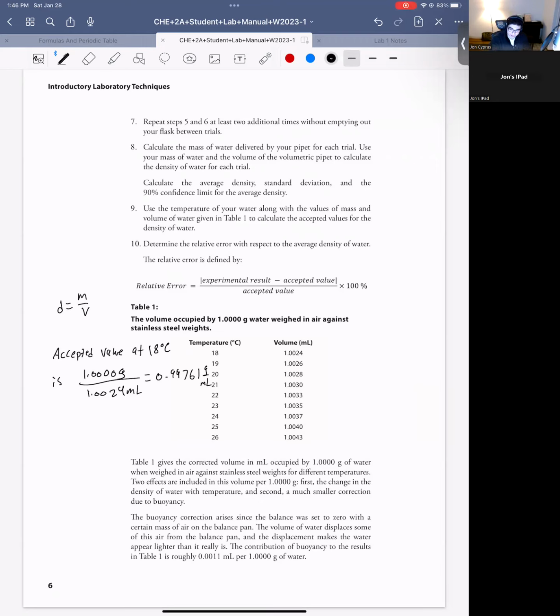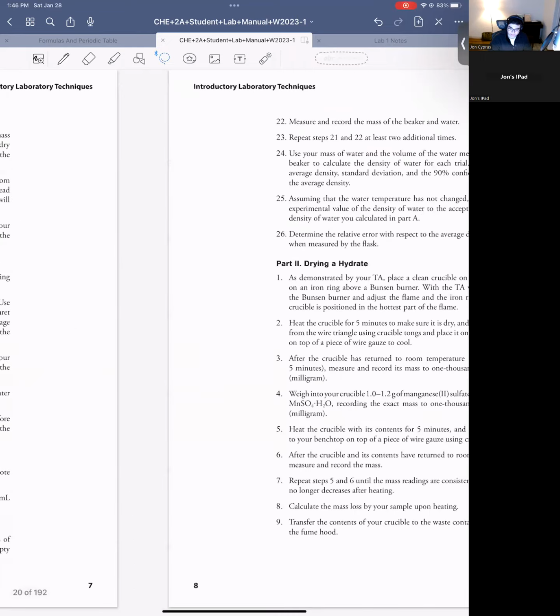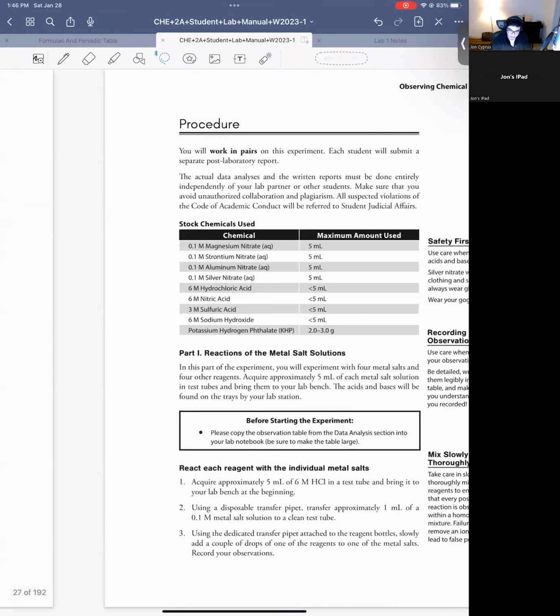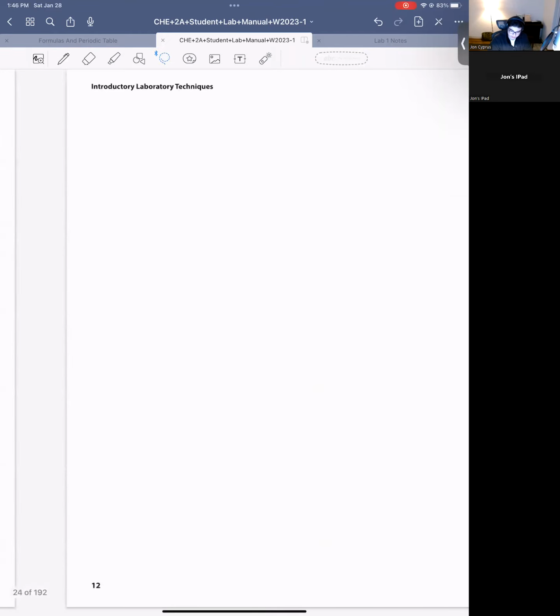So I am going to use this value for my calculation.